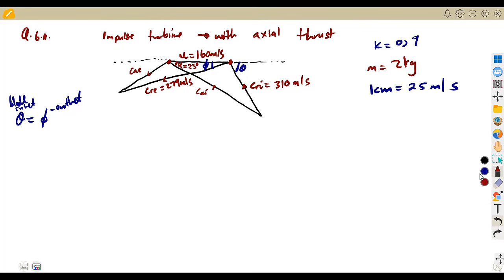Let us also convert so that we can do the proper diagram. Since 1 centimeter represents 25 meters per second, we divide by 25. 310 divided by 25 is 12.4 centimeters. 160 divided by 25 is 6.4 centimeters. 279 divided by 25 is about 11.16 centimeters, which we approximate to 11.2 centimeters.